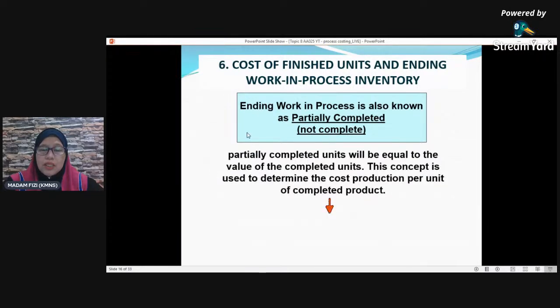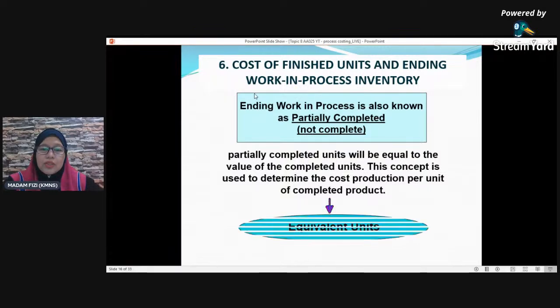Partially completed unit will be equals to the value of the completed unit. So this concept is used to determine the cost production per unit of completed product. Maksudnya apa? Kita akan gunakan partially konsep ini. Konsep yang partially completed tu kita nak equalkan dia jadi completed unit. So, itu adalah equivalent unit.